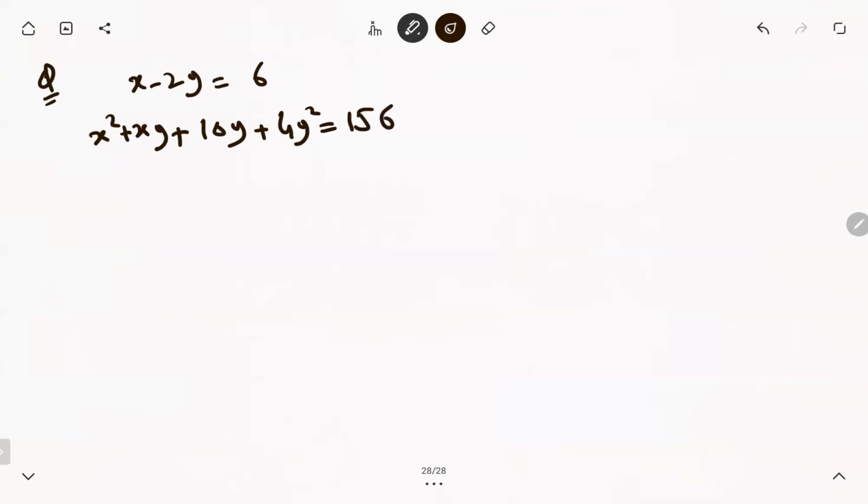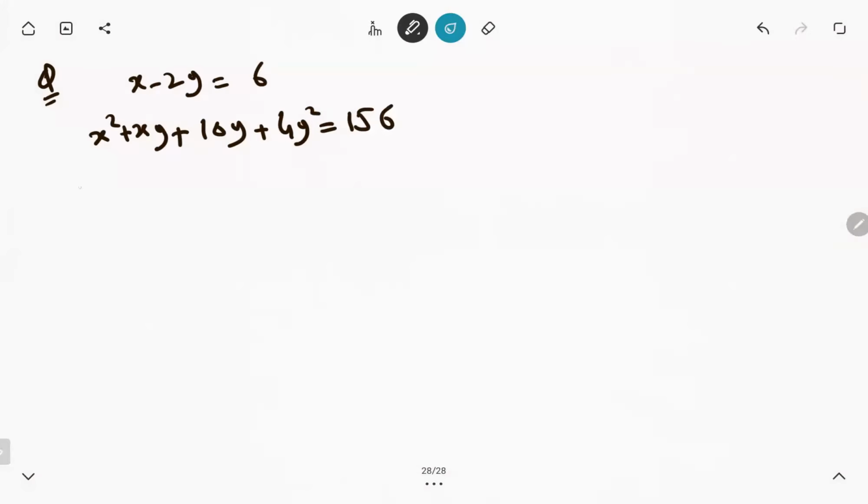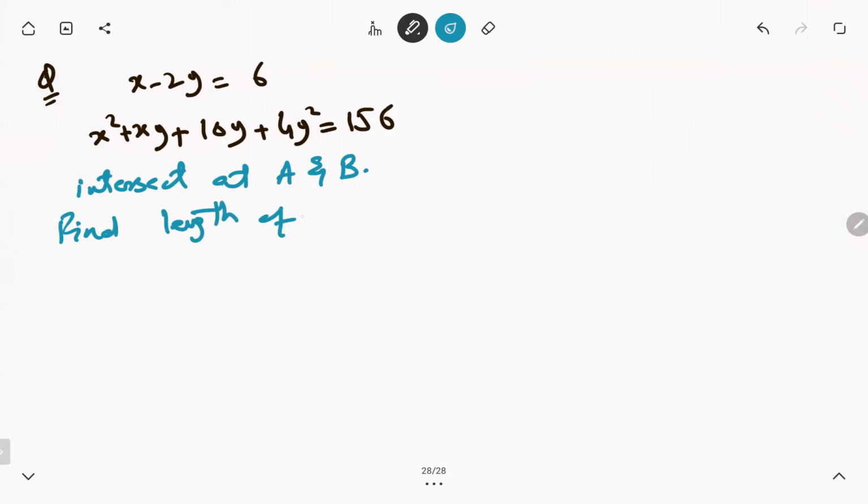The equation of the line is x minus 2y is equal to 6. Equation of the curve is x square plus xy plus 10y plus 4y square is equal to 156. This line and curve intersect at A and B. You have to find the length of AB.